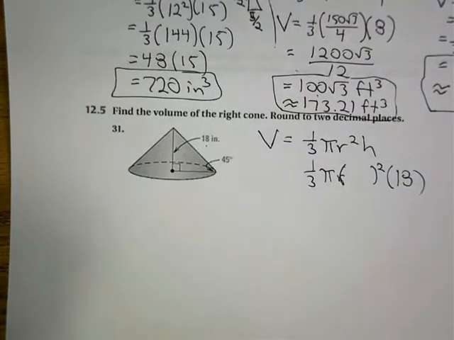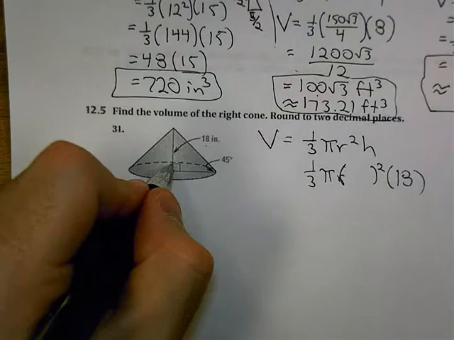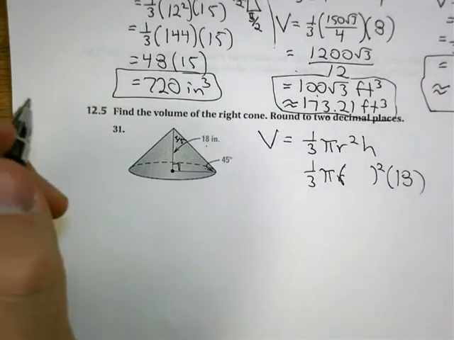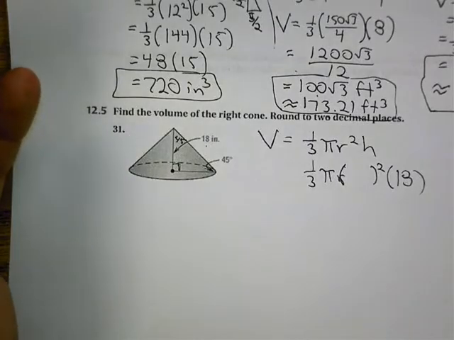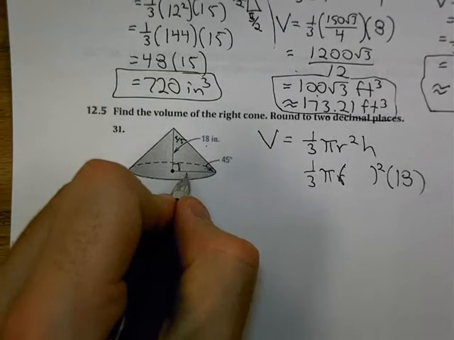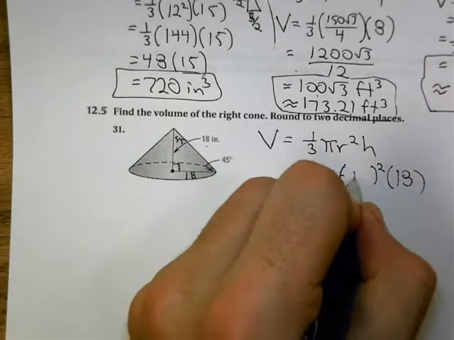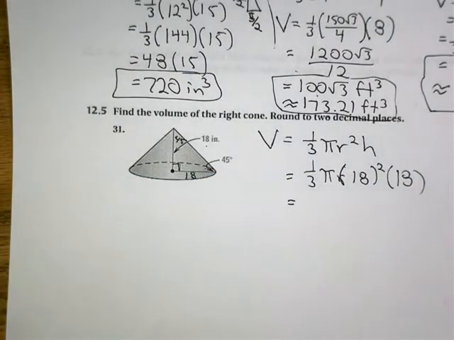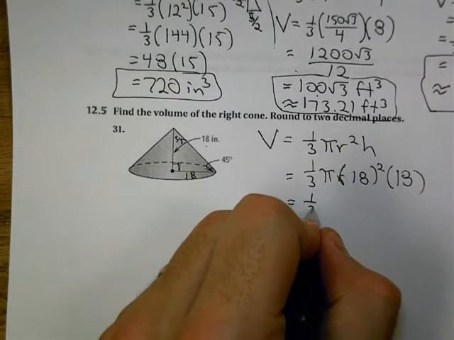And this is where they give us a special right triangle. Now you may remember if this is 90, this is 45, this angle will also be 45, which doesn't mean we have to use a trig ratio because this is in fact an isosceles triangle, so this would also be 18. So I have 1/3 pi times 18 squared times 18. 18 squared is 324.